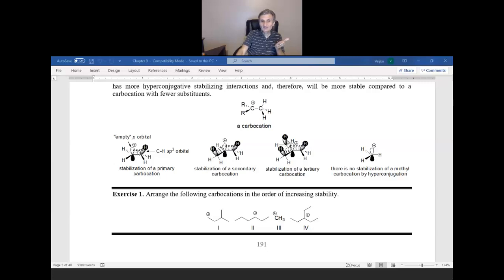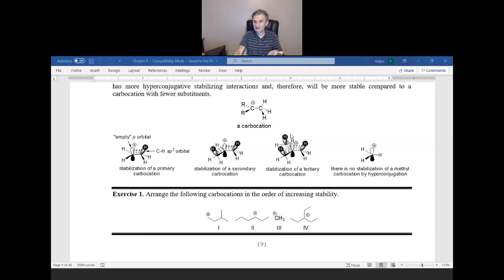In the case of a primary carbocation, only one such bond from the substituent can align properly with the empty orbital to result in hyperconjugation. In the case of secondary, we have two such interactions, one from each substituent. So that's why secondary is much more stable than primary carbocation. And tertiary is the maximum degree of stabilization, because all three substituents have bonds that are delocalized, so we have stabilization through hyperconjugation from three bonds.